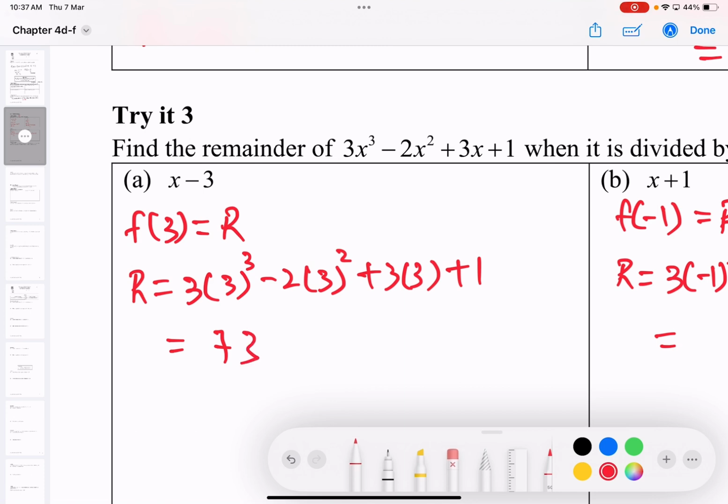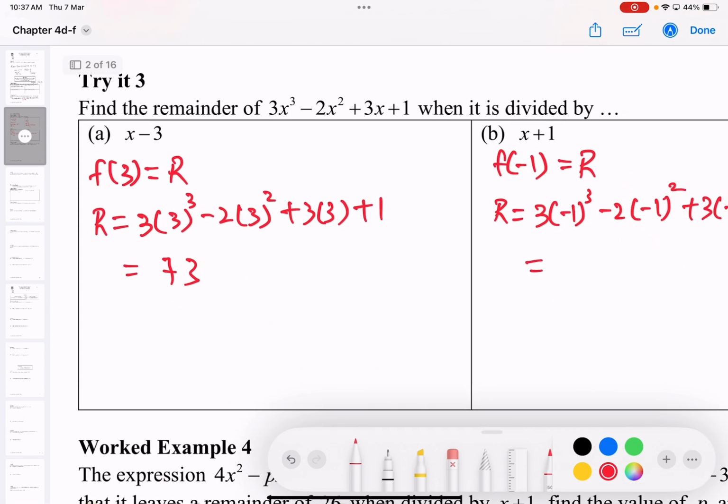Yeah, correct. So it's 81 minus 2 times 3 squared plus 3 times 3. Yes, answer 73. Okay, so if you make mistakes in the calculation, please correct them.